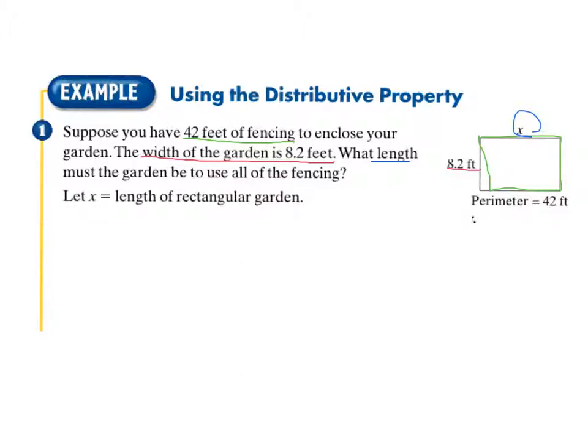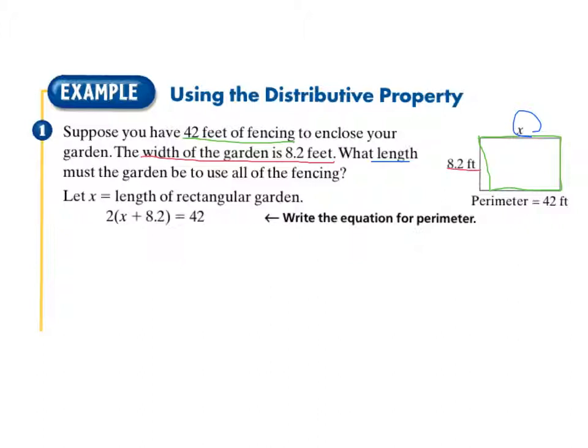So we're going to let x equal the length of the rectangular garden, which we've already shown in the label. So we need to write an equation for the perimeter. We know the perimeter is going to be 2 times the length plus the width.